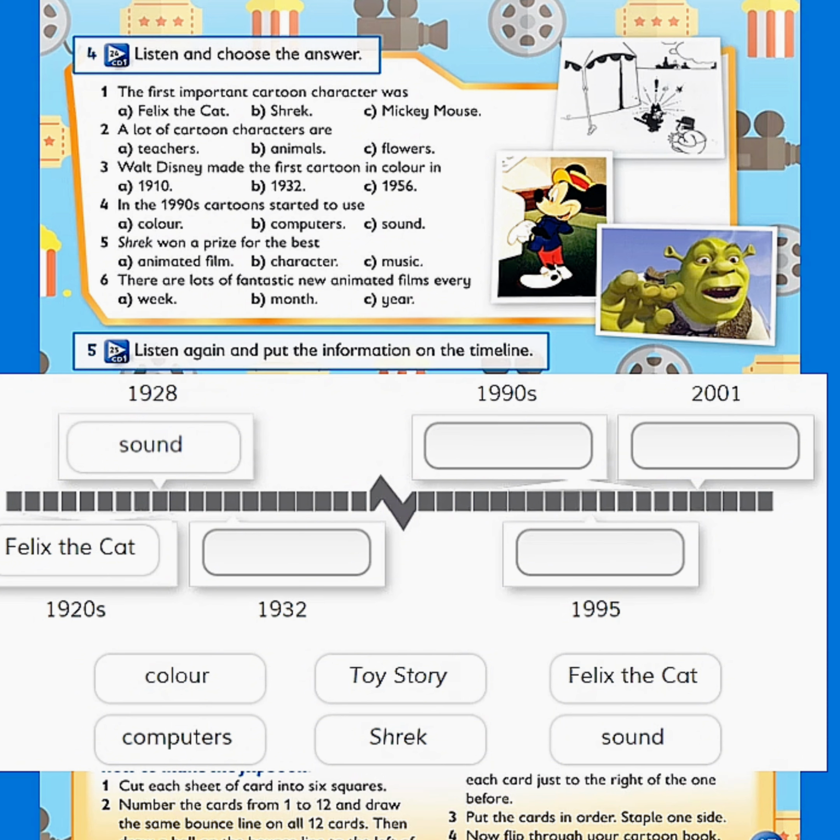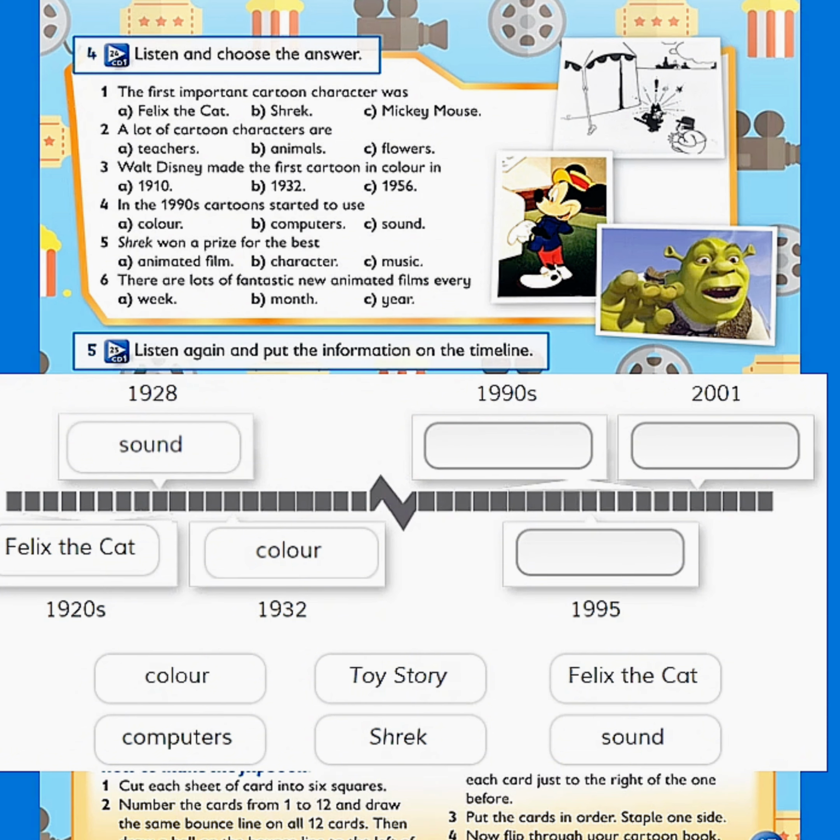There are a lot of animal cartoon characters, aren't there? Yes. Yes, there are. Anyway, in 1932, they made the first cartoons in colour. 1932? Wow. Are cartoons today very different from the first ones? Well, yes, they are. But the biggest change was in the 1990s, when people started to use computers to help them make cartoons.